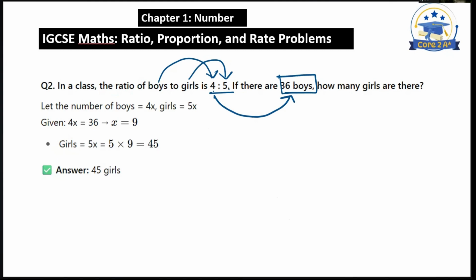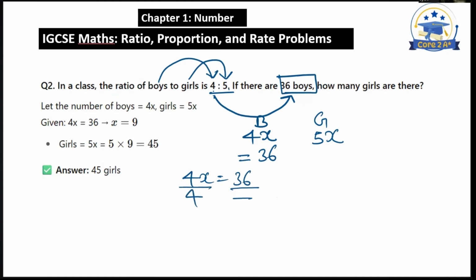So how can we solve that type of question? Assume 4x for boys, B for boys and G for girls, girls 5x. 4x is equal to how much? 36, right? So if 4x equals 36, what do we have to do?